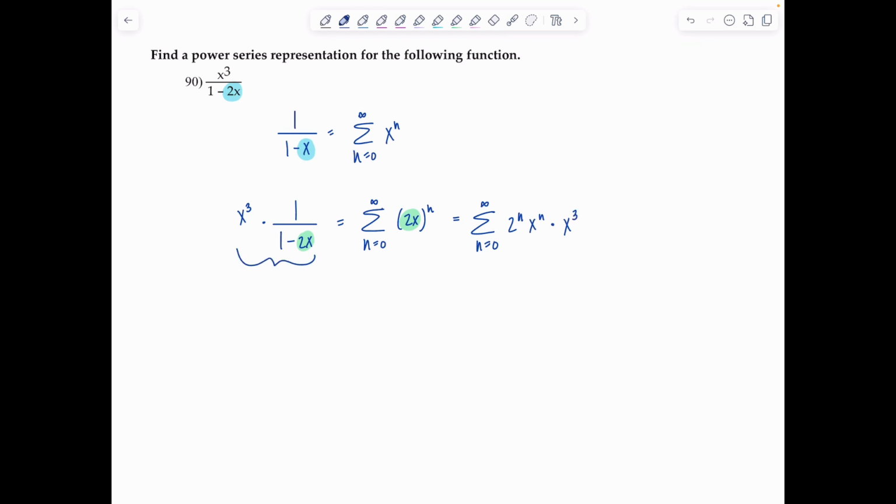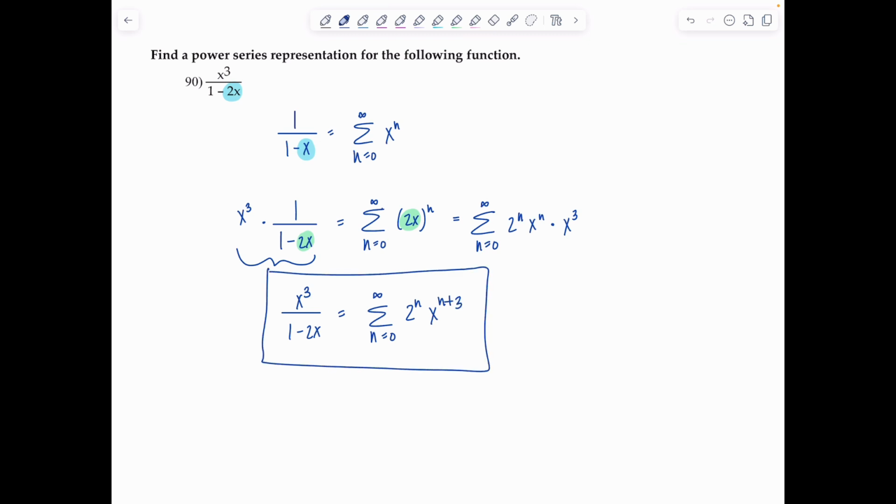So then now I can say x cubed over 1 minus 2x is the sum, n equals 0 to infinity, 2 to the n, x to the n plus 3. Boom, done. Yeah, it really is that easy. I think people get in their head about these power series. They're really fun.